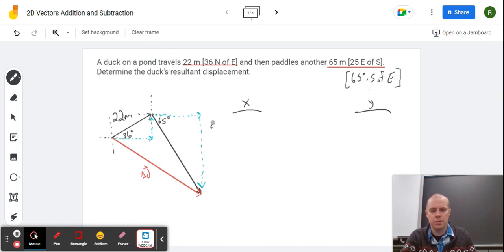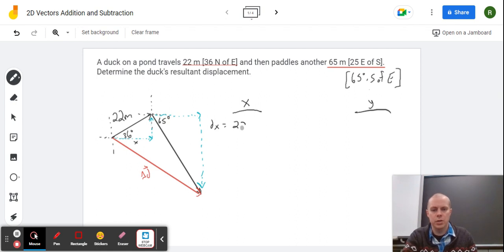So for x, dx is going to be, okay, we're taking the x component of this vector. We're just using some basic trig here. The angle is adjacent to it, so we're going to use cos.